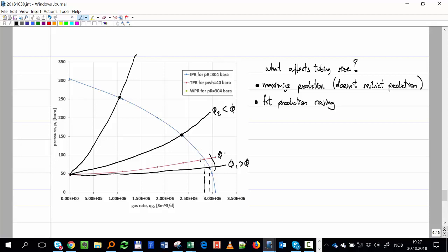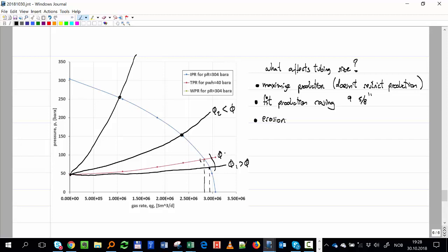Okay? But there are other things. One of them is that it has to fit your production casing, which is normally 9 and 5/8. So almost any tubing can fit. What is the other thing that we have to consider? Okay, one thing is erosion.